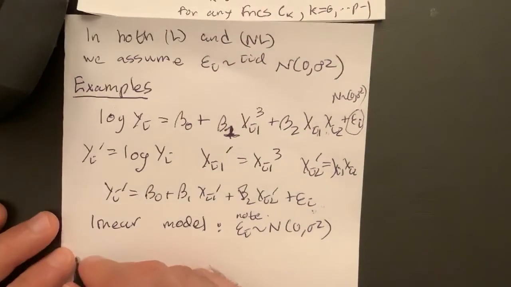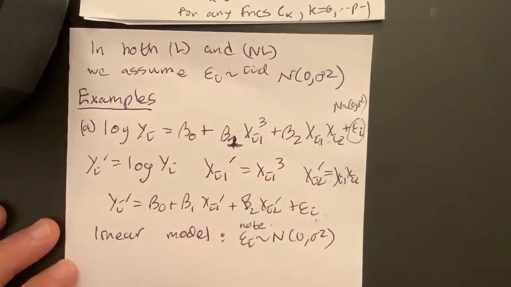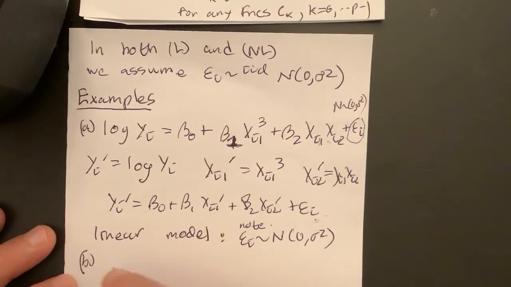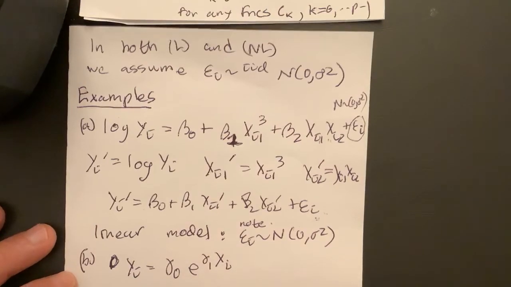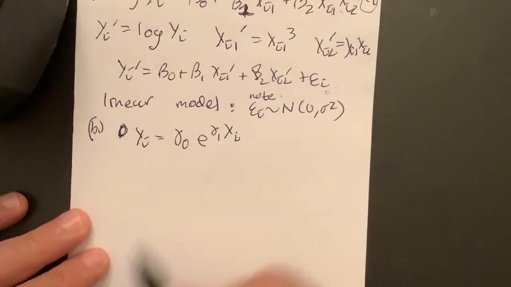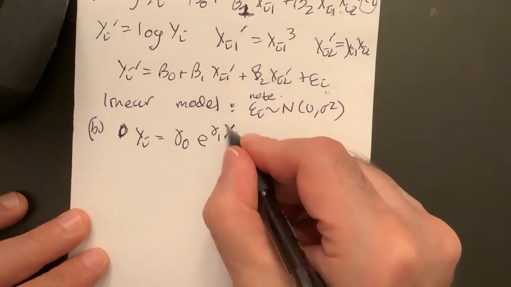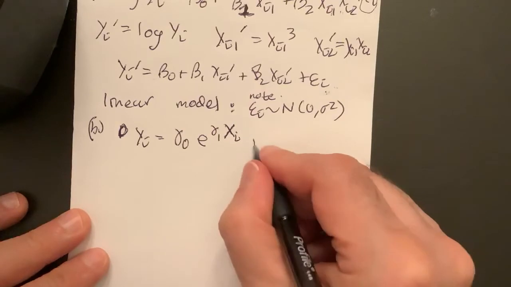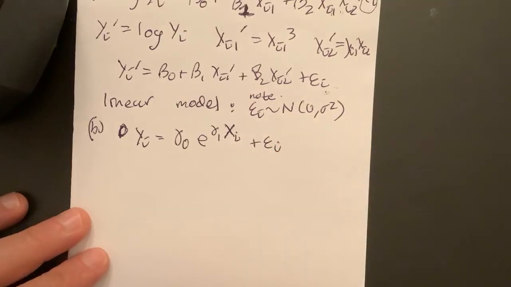Suppose I have, so A, what if I have yi equals gamma 0 e to the gamma 1 xi, and I won't put a 1 there because this is like simple linear regression, right? I just have a single predictor variable, plus epsilon i.